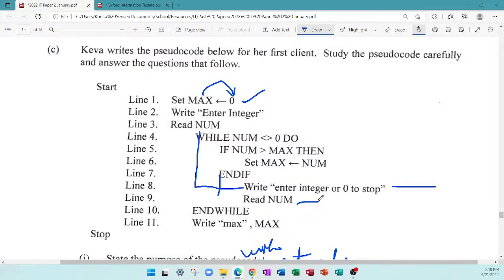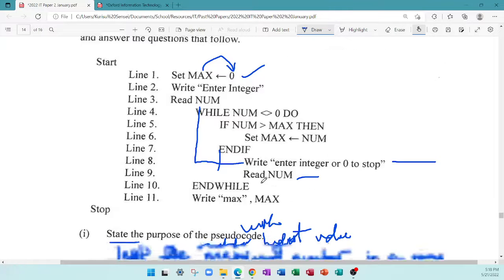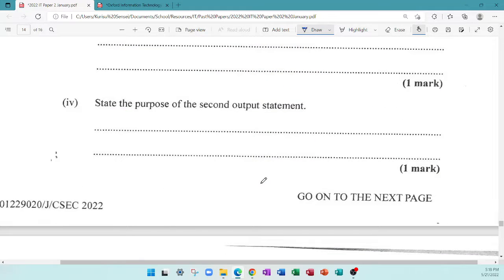It's gonna read the value, and depending on it, it's gonna stop or continue basically. So that there is the purpose.